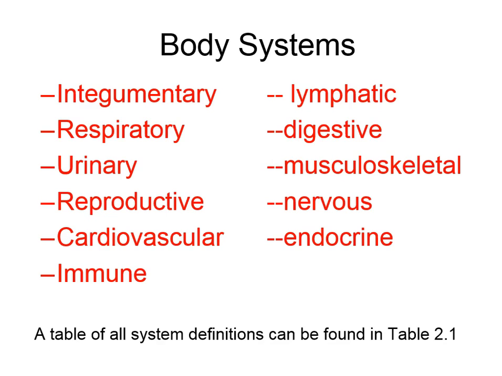So here they are. There is a table in your book starting on page 19 that goes through what the different body systems are and what their main job is, as well as the organs that live inside that system. We have integumentary, so that's your skin, your hair, your nails. Respiratory, which is responsible for giving you oxygen and getting rid of carbon dioxide.